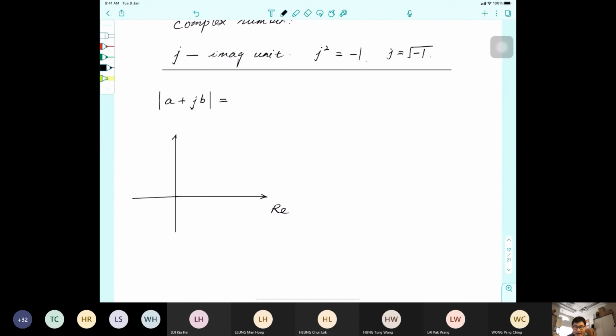This is the real axis. This is the imaginary axis. A is here. B is here. jb is here. And a plus jb is here.